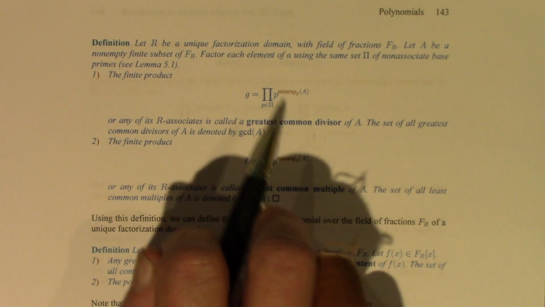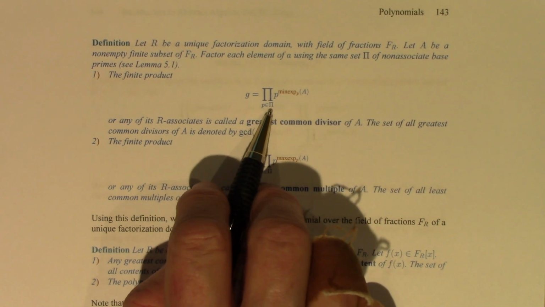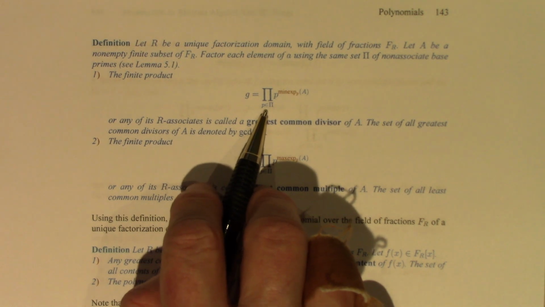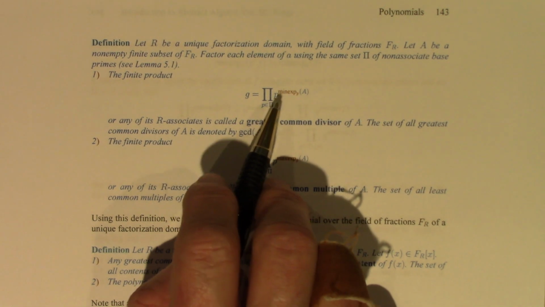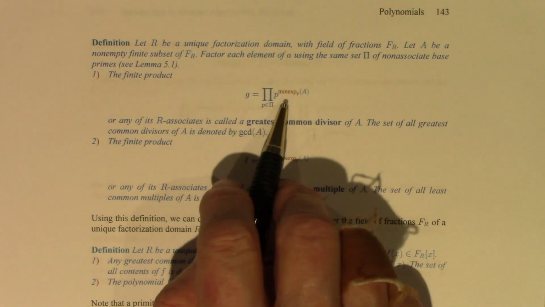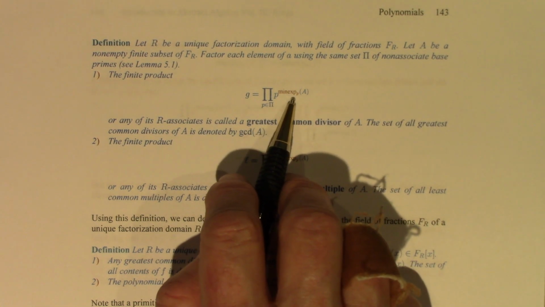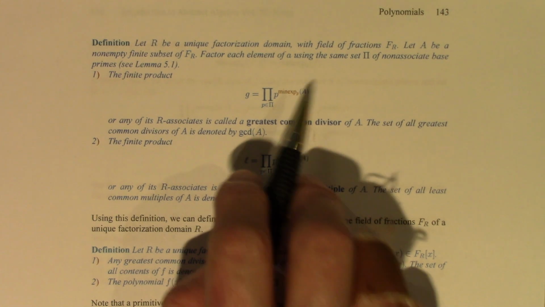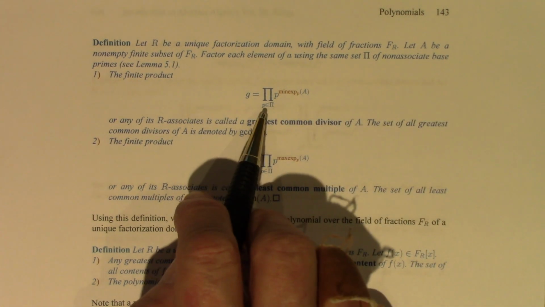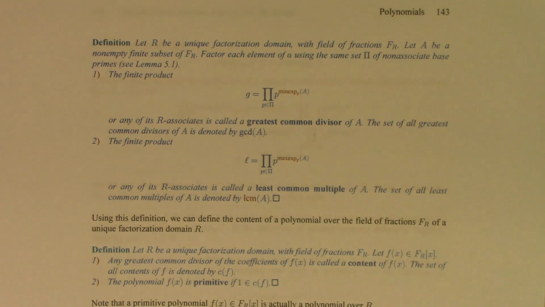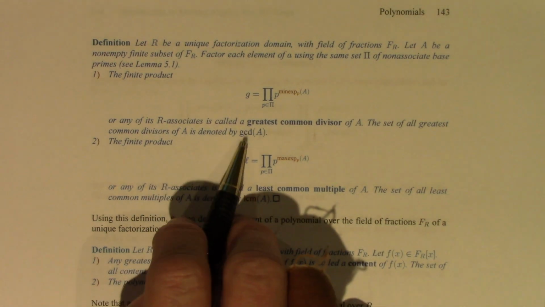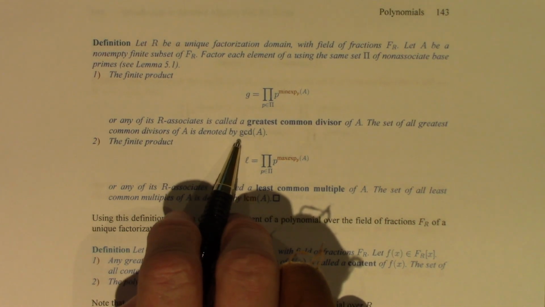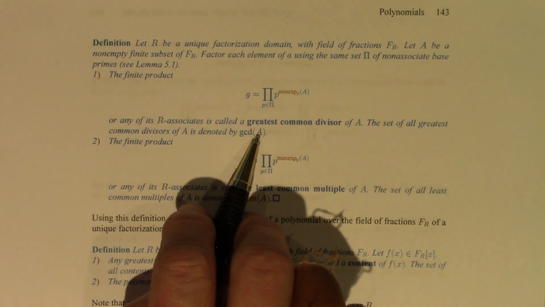This product, where we take each prime that appears in any of the factorizations and we raise it to the minimum exponent of P appearing in all the elements, this product and any associate is called a greatest common divisor of A, and we will denote the set of greatest common divisors by GCD of A.